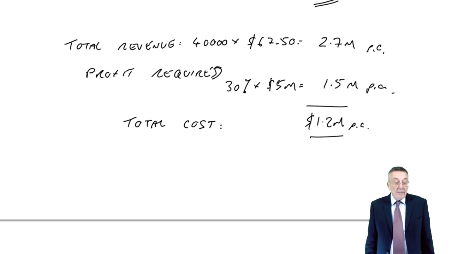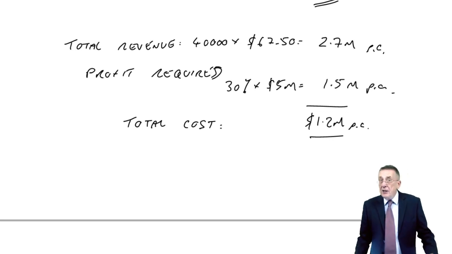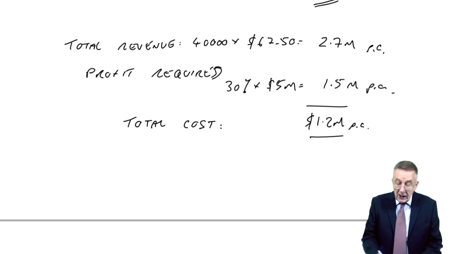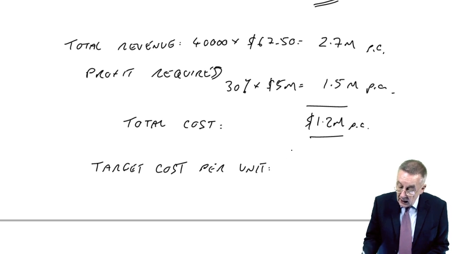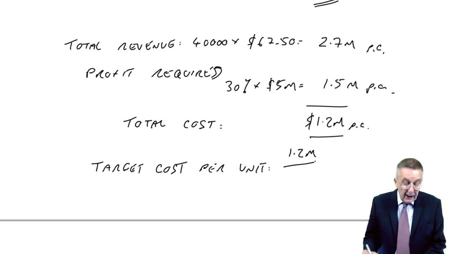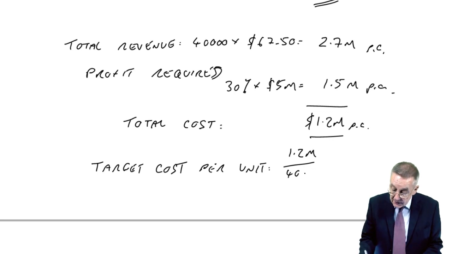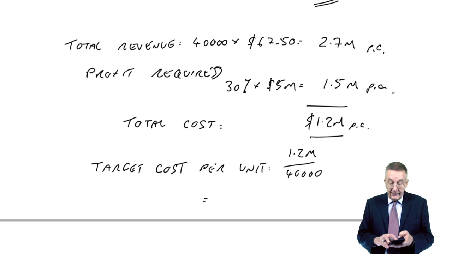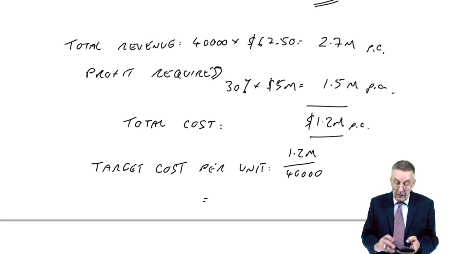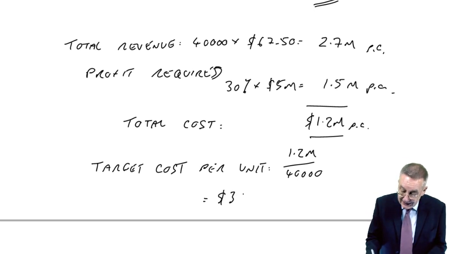Now that's the total, but we want the target cost always per unit. And so the target cost per unit, total 1.2 million. How many units is it? 40,000. Therefore, it's $30.